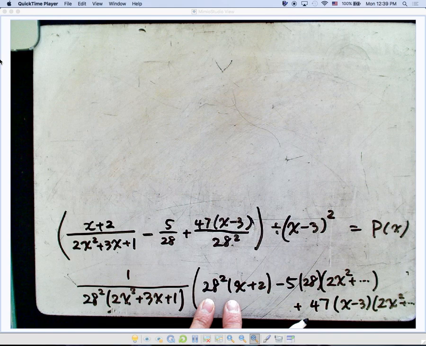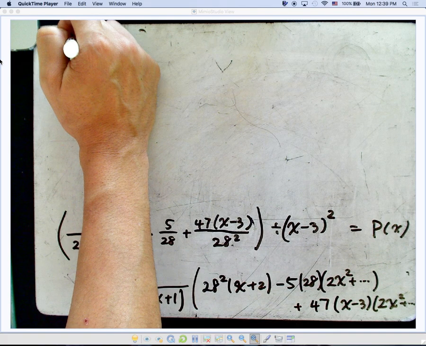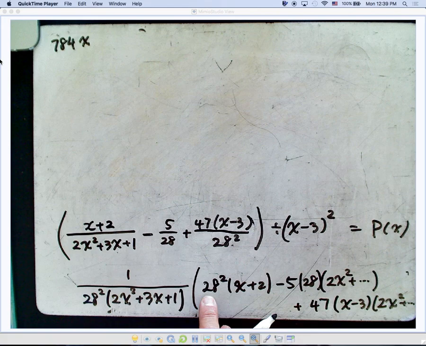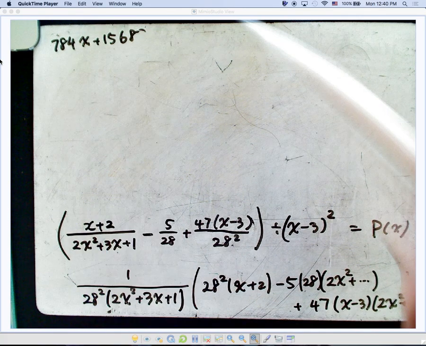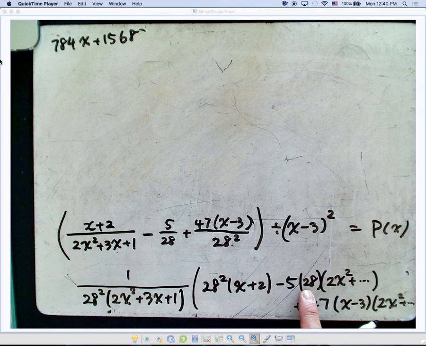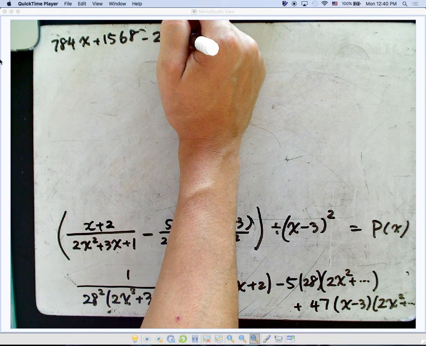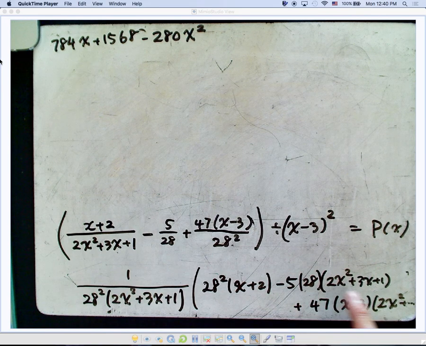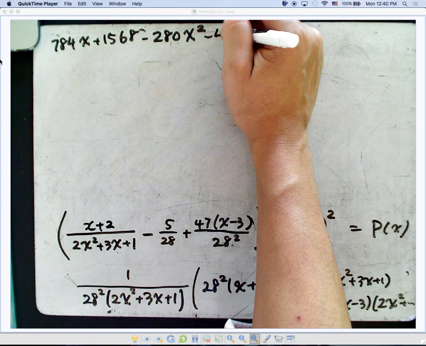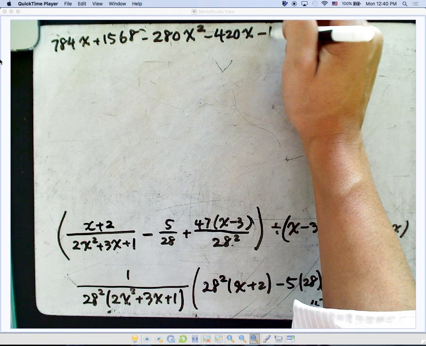We have 28² times (x + 2), which is 784x plus 1,568. Then 5 times 28 times 2x² is negative 280x². 5 times 28 times 3x gives minus 420x, and 5 times 28 times 1 is minus 140.